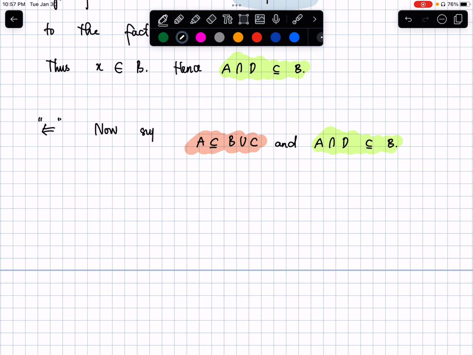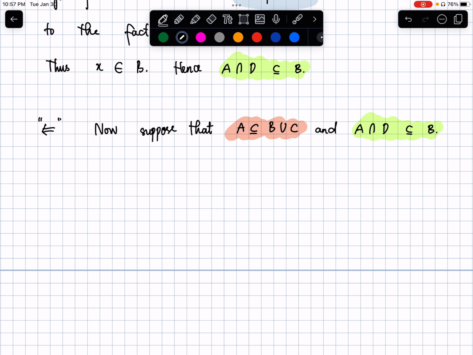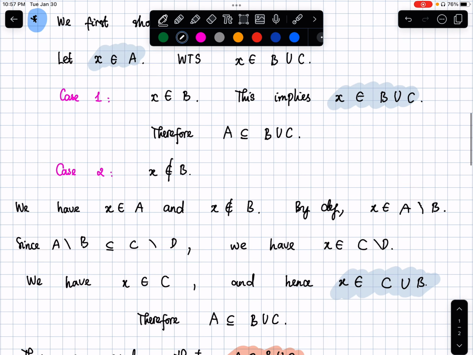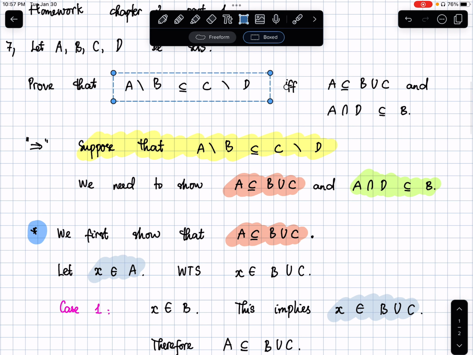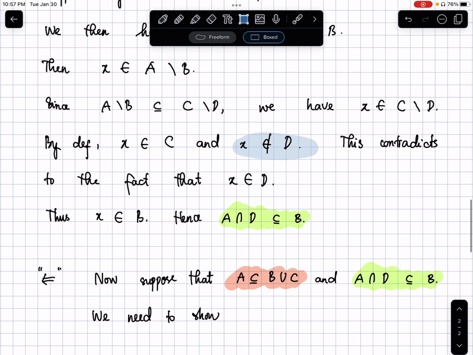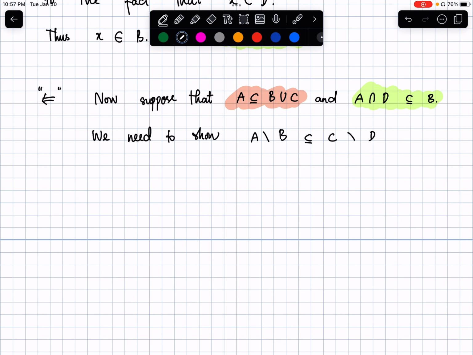Now suppose that we need to show here A minus B is a subset of C minus D. Okay, so now you know how to show a set is a subset of another one, right?